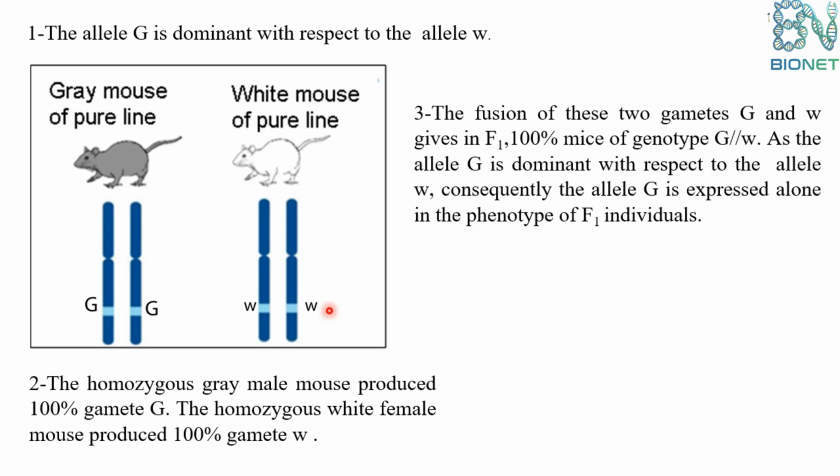By fertilization, the two gametes G and w will fuse, resulting in an F1 generation made up of mice of genotype Gw. Since the dominant allele is the gray allele, the recessive allele will not be expressed, so the phenotype of these mice will be gray.